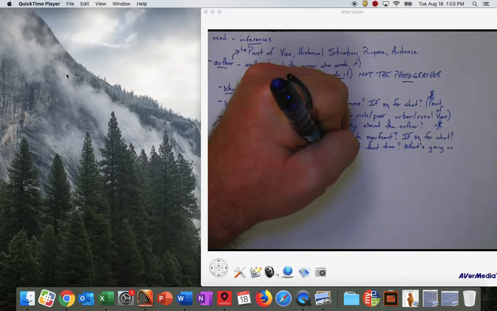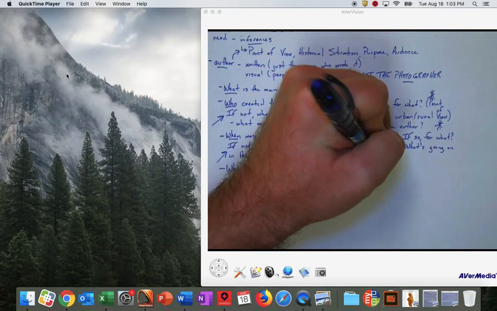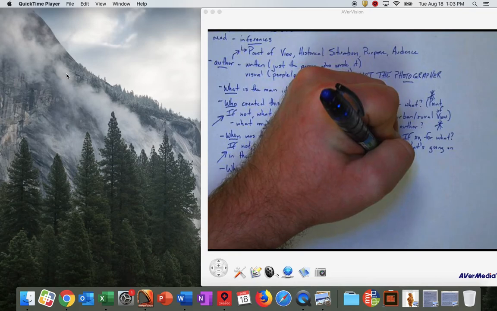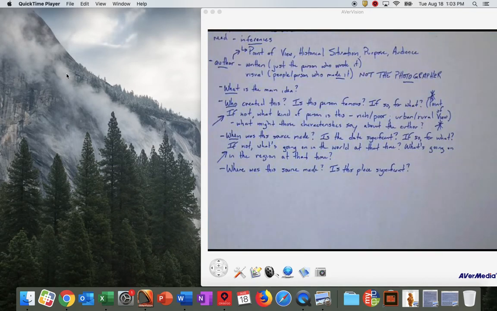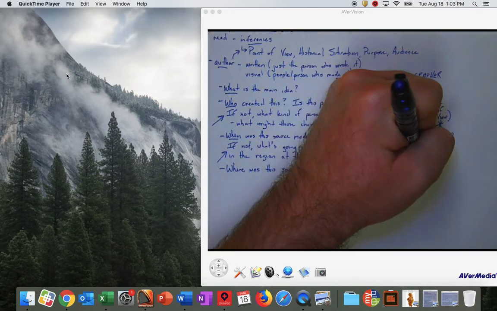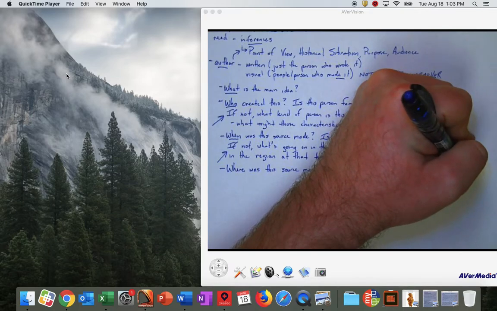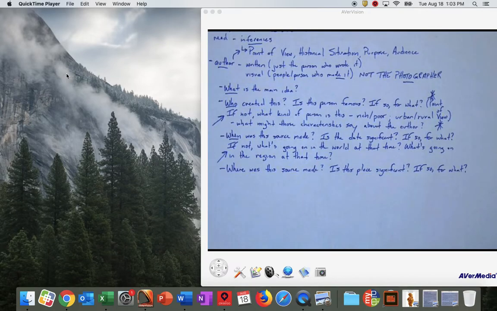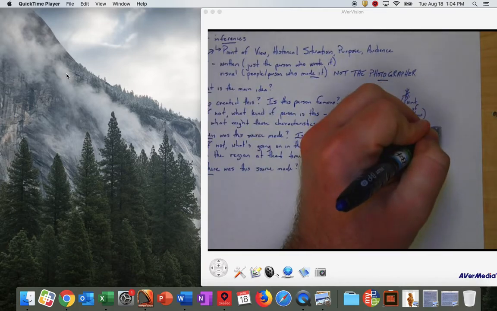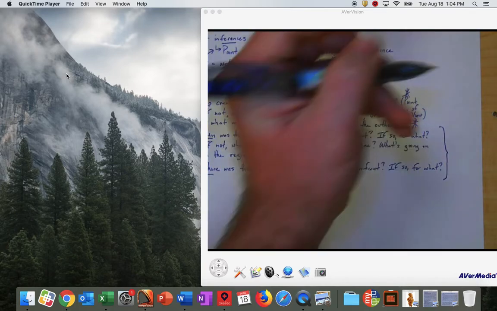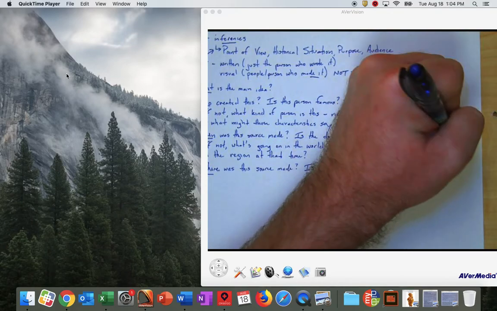Is this place significant? If so, for what? Now, these two questions, when and where, we're going to put them together, and that gives us our historical situation.